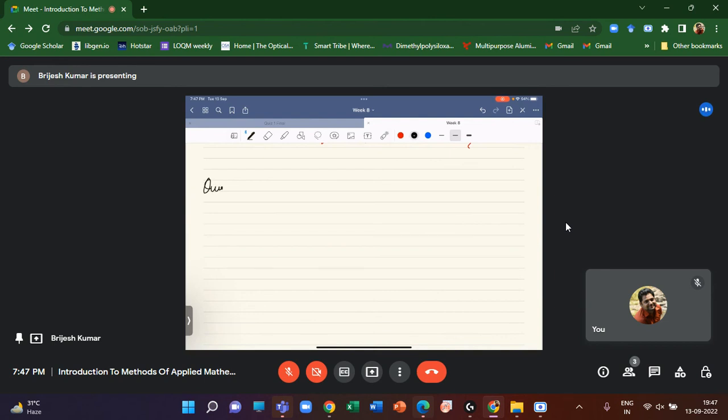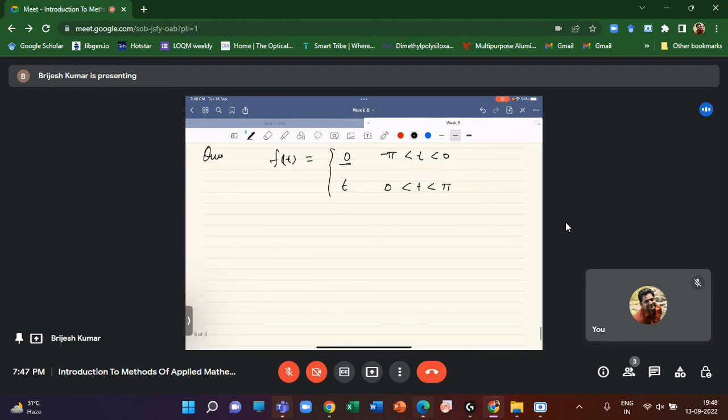Our function f of t is again defined on the same interval, but now from minus pi to 0 it is 0, and from 0 to pi it is t. So this function will be like this: up to pi, then from pi to 3 pi by 2 it will be 0, and again it will be like that.